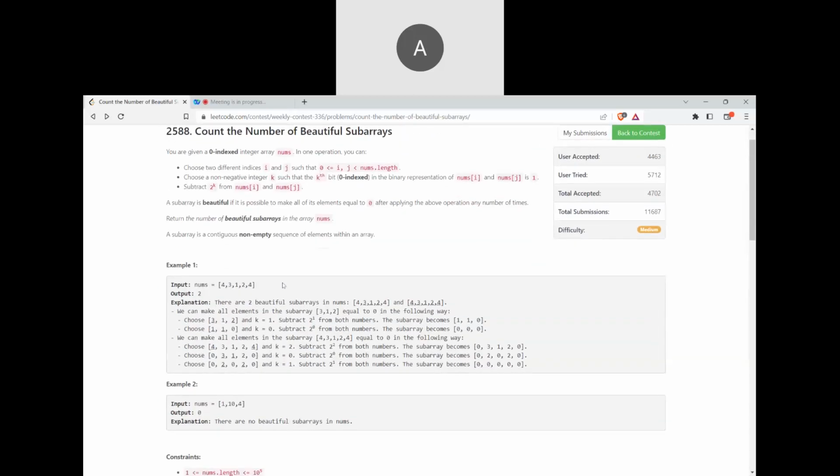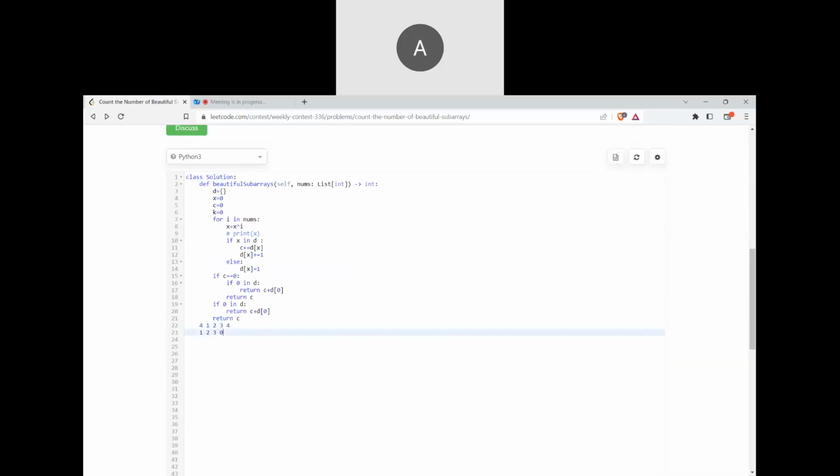So the number of subarrays would be, suppose there are three zeros present. How many beautiful subarrays can be formed by this? I'm indexing them as 0, 1, and 2.